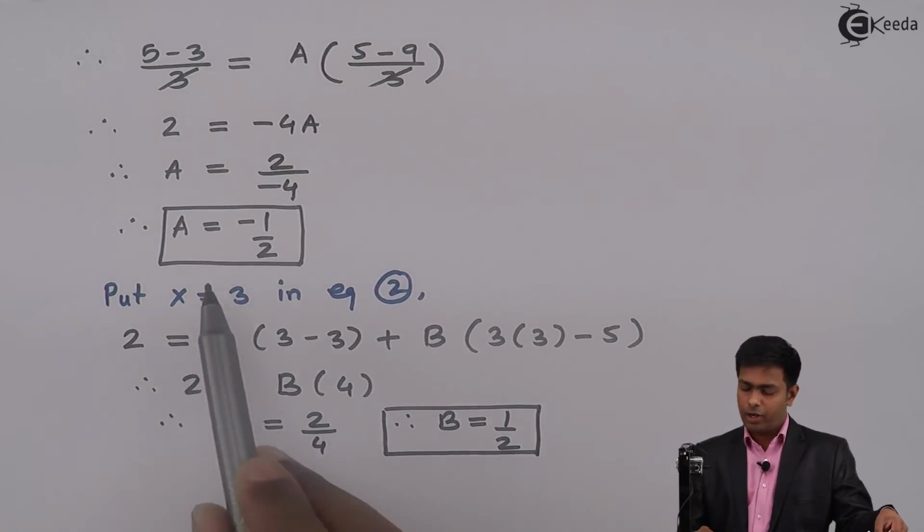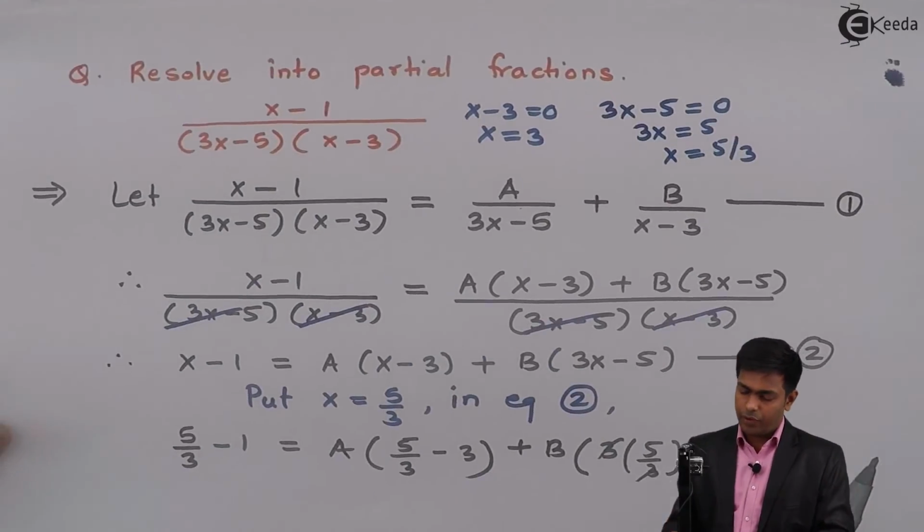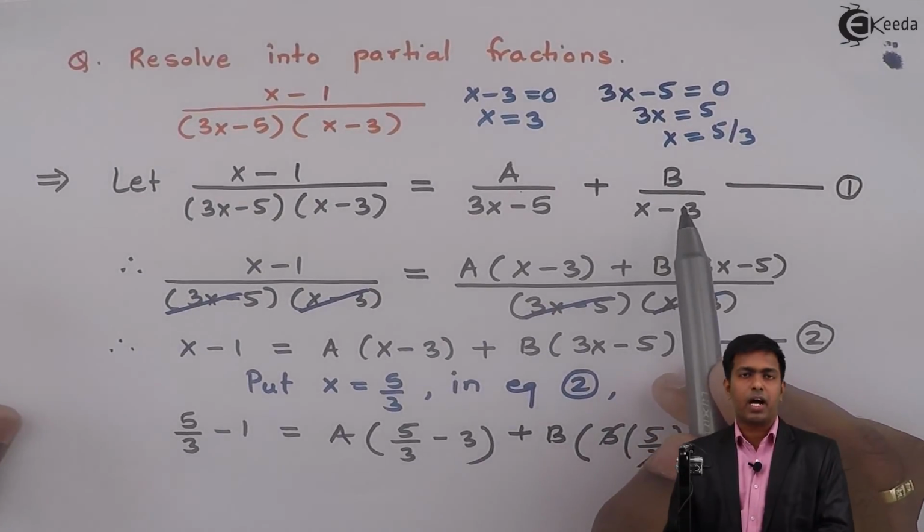Now we will substitute the values of A and B in equation number 1 to get the partial fraction.